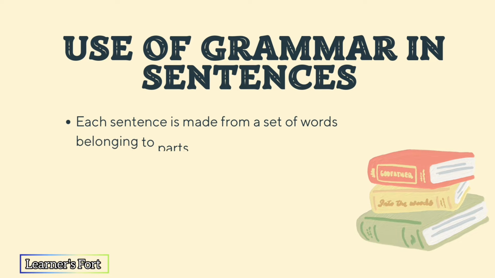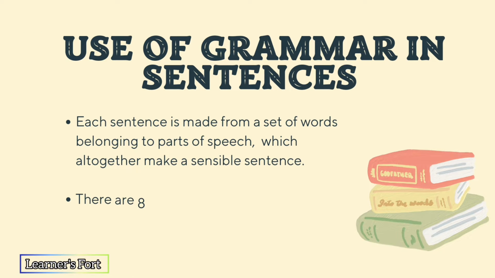Okay, now talking about the use of grammar in sentences, you have heard in my previous slide that you have to arrange words in such a manner that it is understandable to the other person. Now here is where grammar plays its role. Each sentence is made from a set of words belonging to the parts of speech. Whatever you're talking or writing is all included in speech.